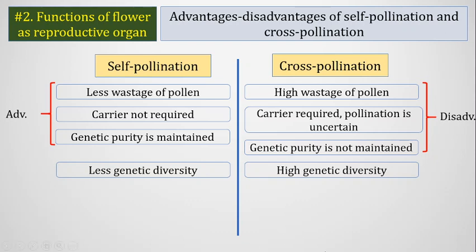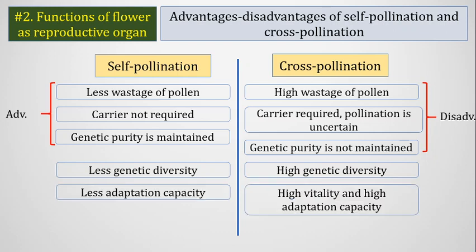But in cross-pollination, there is high genetic diversity, because the offsprings produced by the mother plant will have different characteristics at different times, so the offsprings produced at different times will be different in characteristics. So there is high genetic diversity.